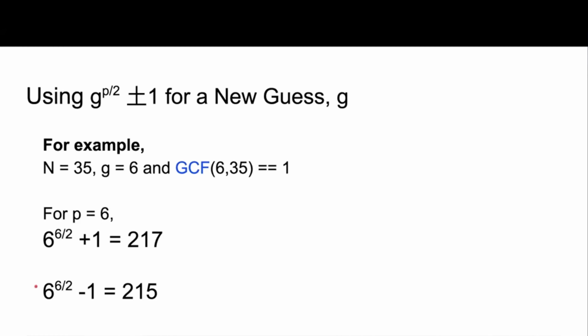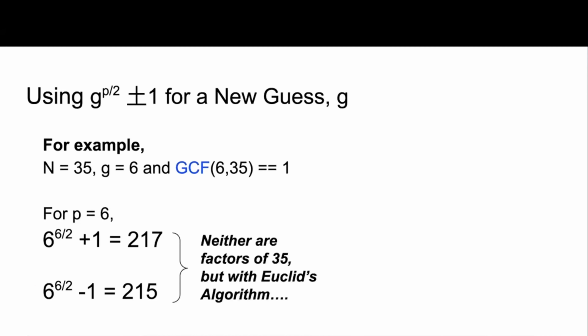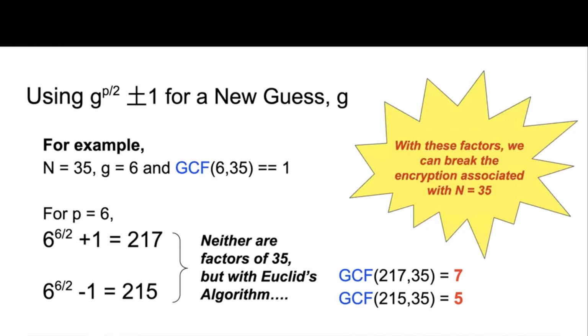And then we have 6 raised to the 6 divided by 2 minus 1 equal to 215. Neither of these are factors of 35, but luckily we have Euclid's algorithm. The greatest common factor of 217 and 35 is 7, and the greatest common factor of 215 and 35 is 5. With these factors, we can break the encryption associated with n equal to 35.